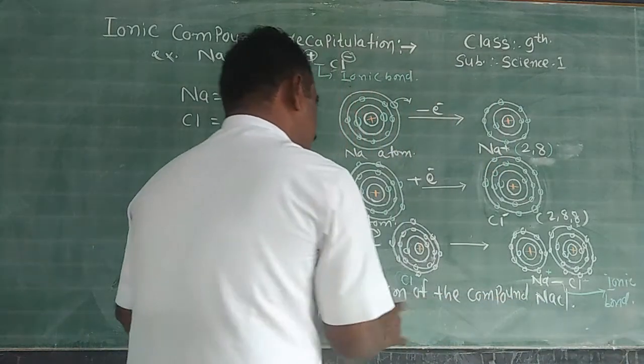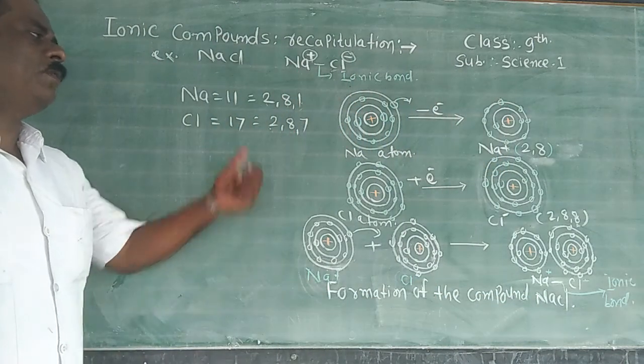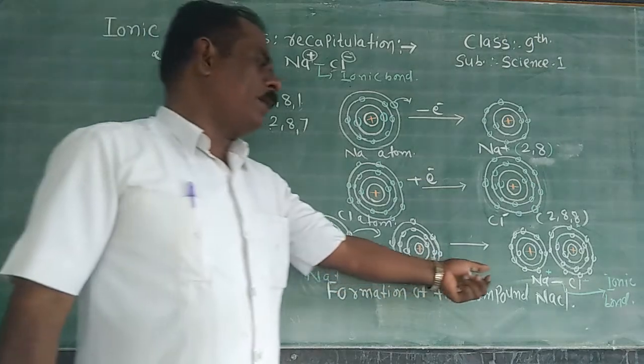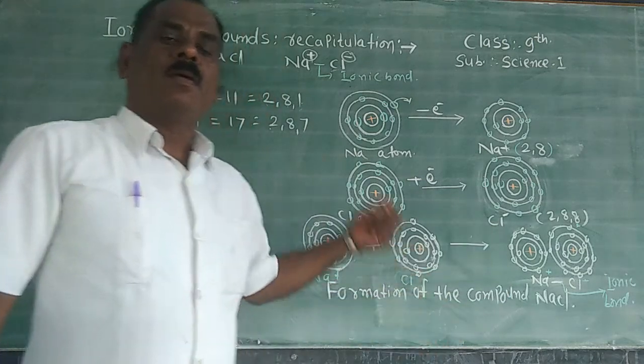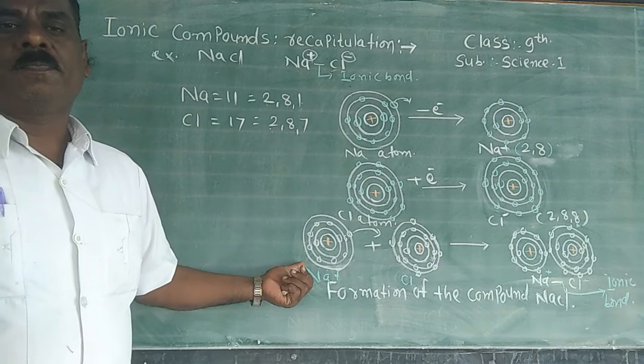This compound is called the ionic compound. In this way, any ionic compound is formed by such a process.